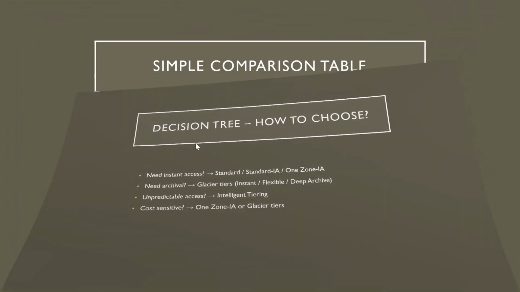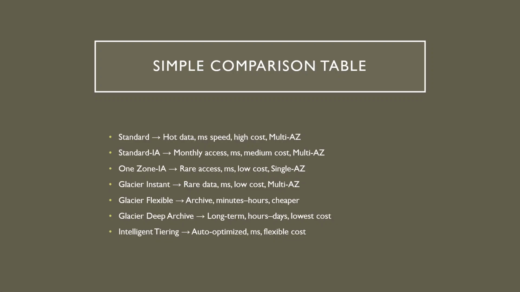Now we'll see some comparison. In the AWS Solutions Architect exam, you need to remember this. Suppose you are choosing S3 Standard, it's best suited for frequent access. Its cost is high and copies are stored in multiple availability zones.